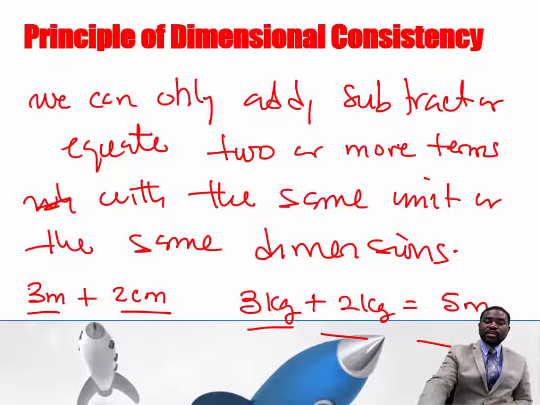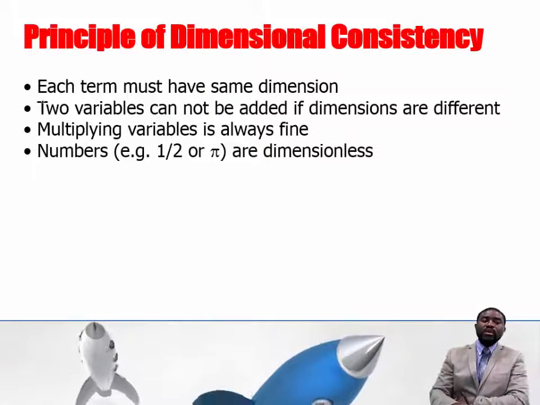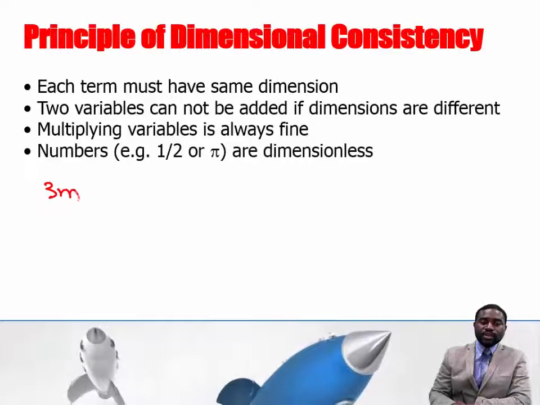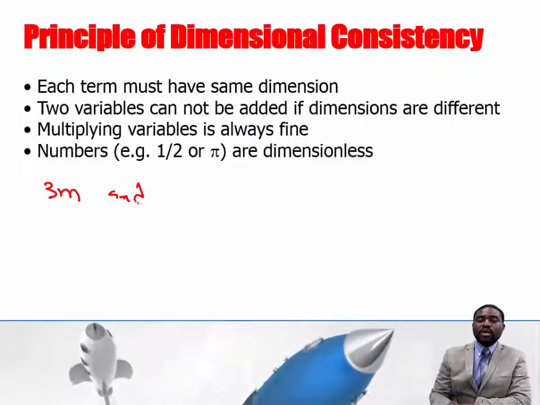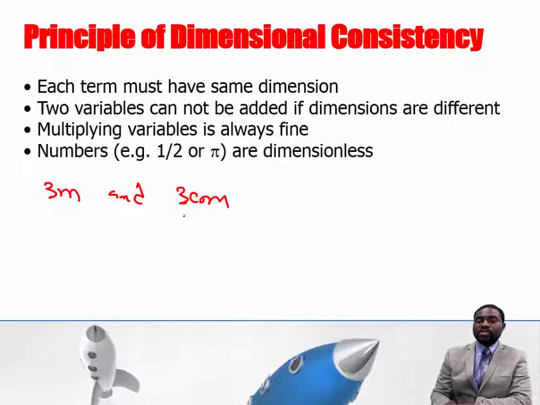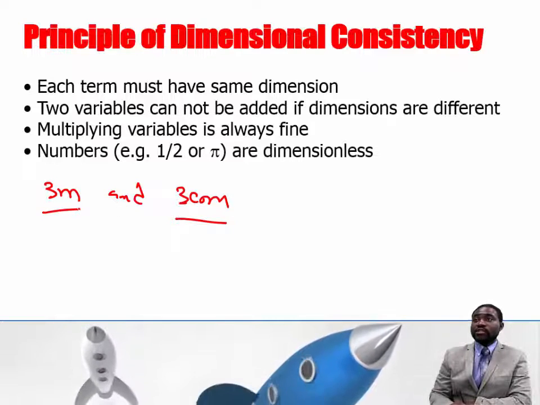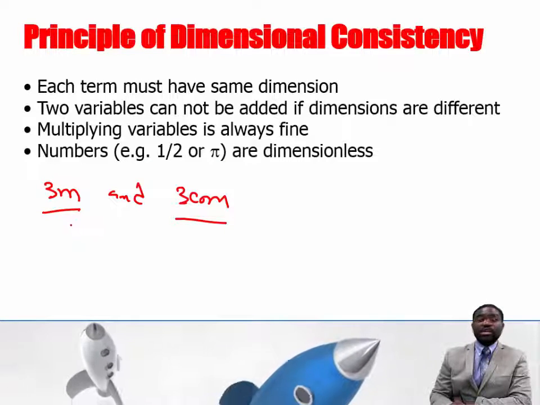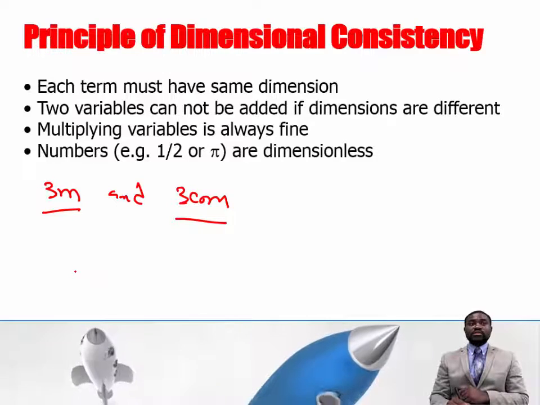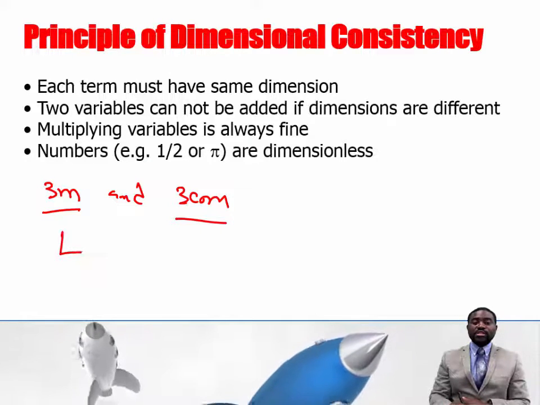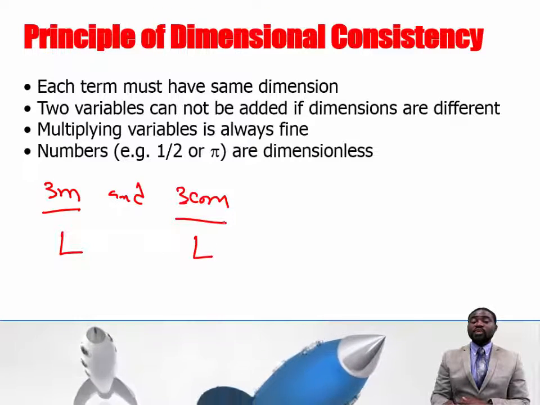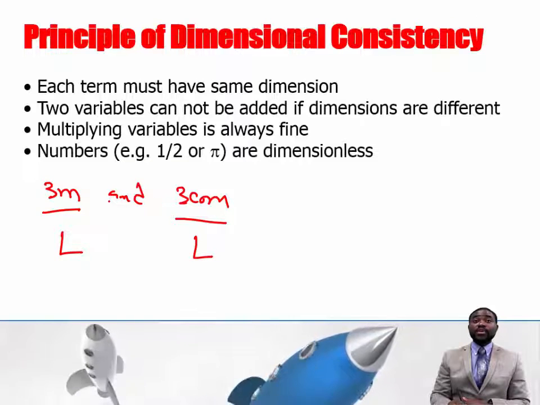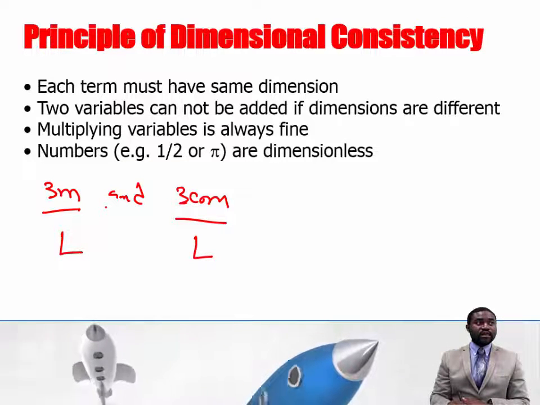Let me give you an example. 3 meters and 3 centimeters, they have what? Different units, but they do have the same dimensions. The same dimensions of what? Length, but they do have what? Different units. You understand that, right?